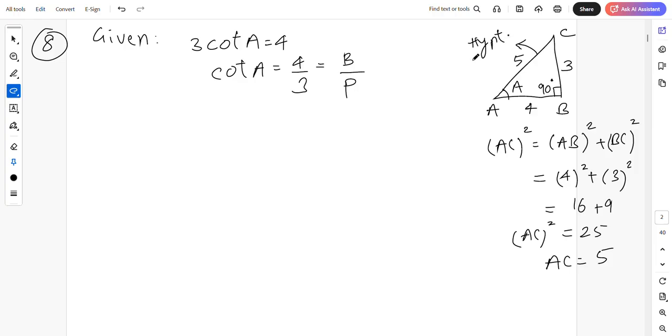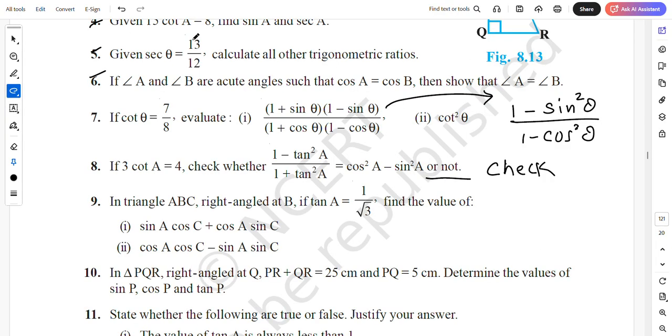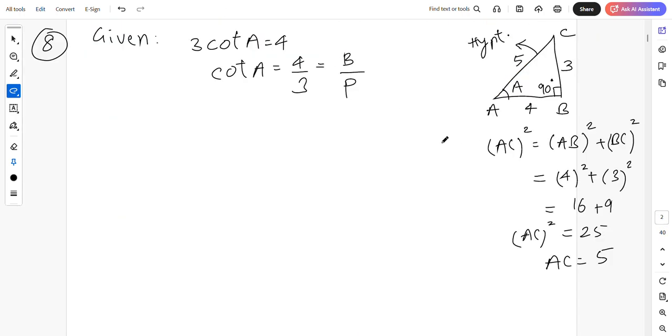Now what are we supposed to calculate? We are supposed to check whether 1 minus tan square A divided by 1 plus tan square A is equal to cos square A minus sin square A. You require sine, cos and tan from this right angle triangle. Sine A is perpendicular by hypotenuse, that is 3 by 5.